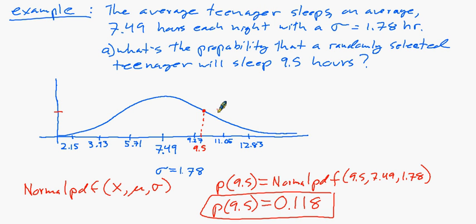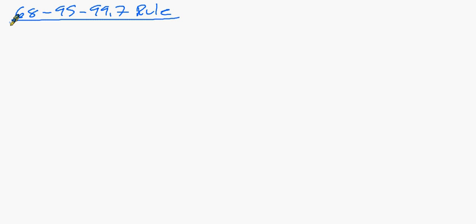Now we can look at something a little different about the normal distribution. The 68, 95, 99.7 rule, which again relates back to some of the things we talked about when we were dealing with standard deviation in descriptive stats.